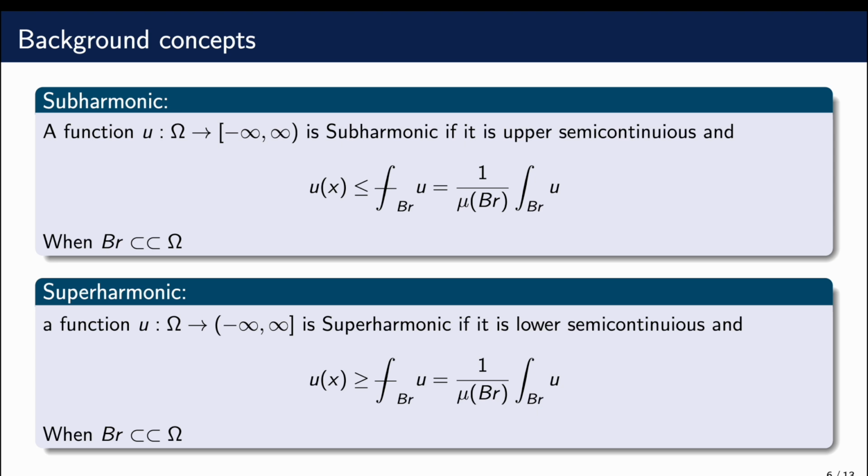So basically, if you have a compact domain and you integrate across it and then normalize by the measure of the domain, and it's upper semi-continuous, then it is subharmonic. So you're looking for functions that are basically below themselves, hence sub. Likewise, superharmonic is the same but greater than or equal to.